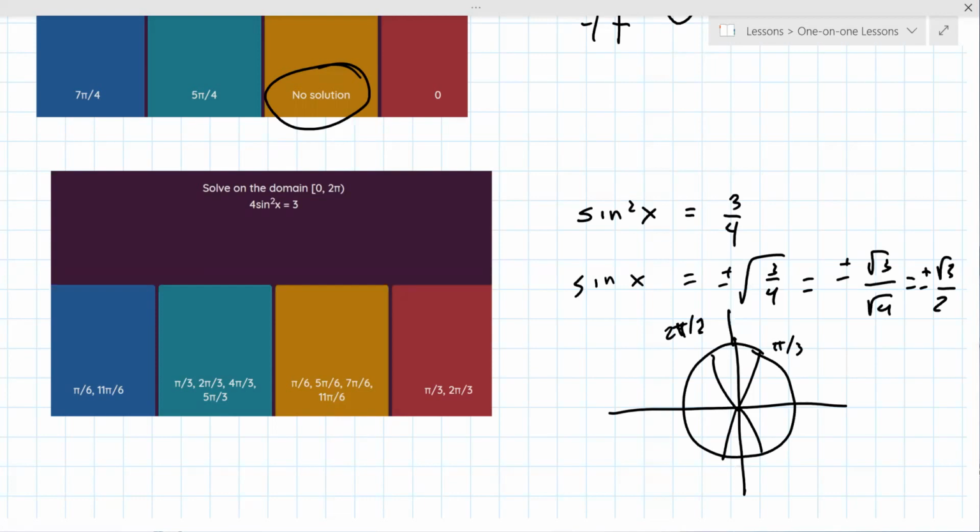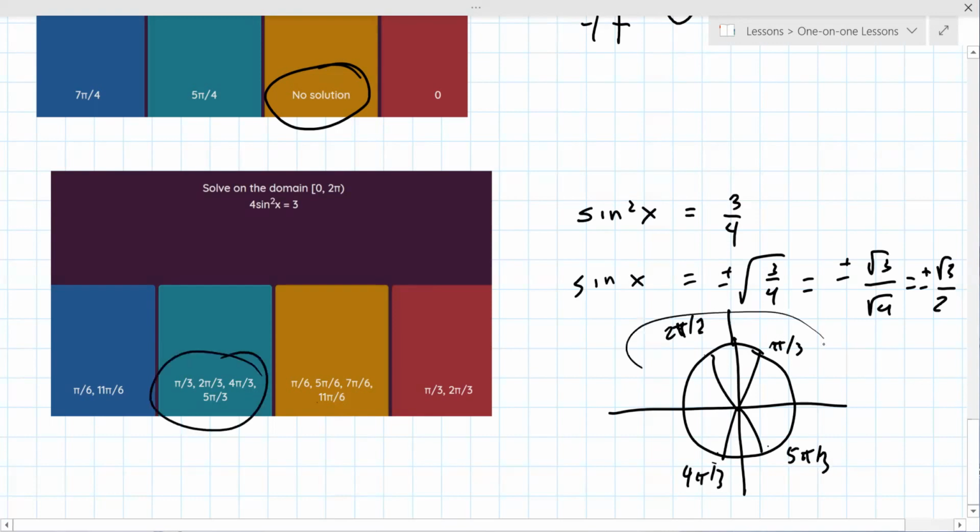Why do these problems have multiple answers to distract you? Well, since there are two places here and two places here, they're different values. I'm just having a little bit of brain fuzz where I can't get the right values. 4 pi over 3, and then 5 pi over 3 for that.